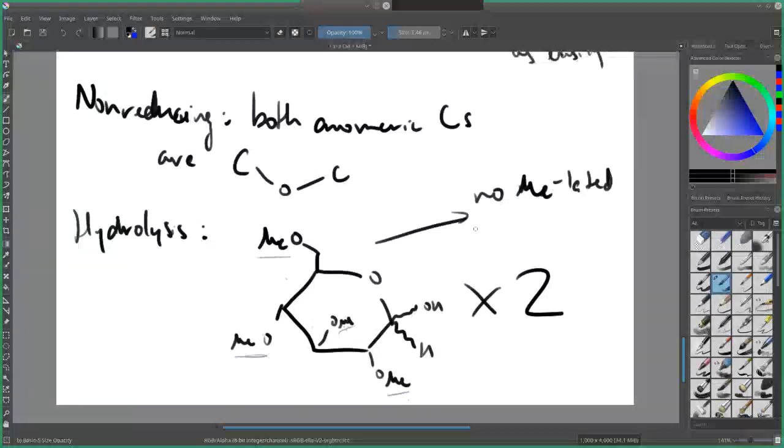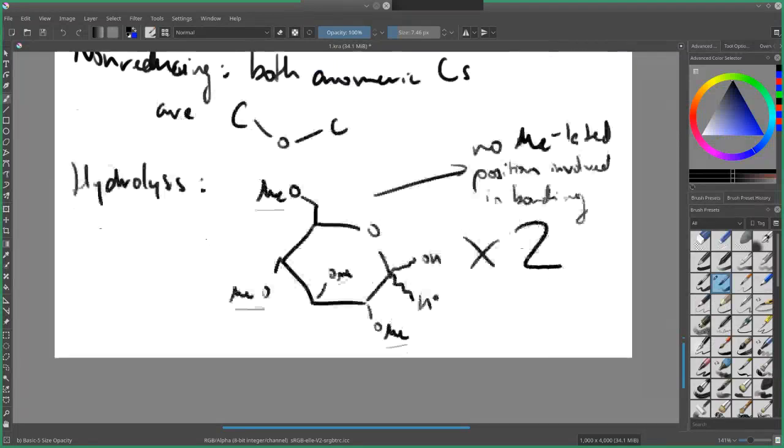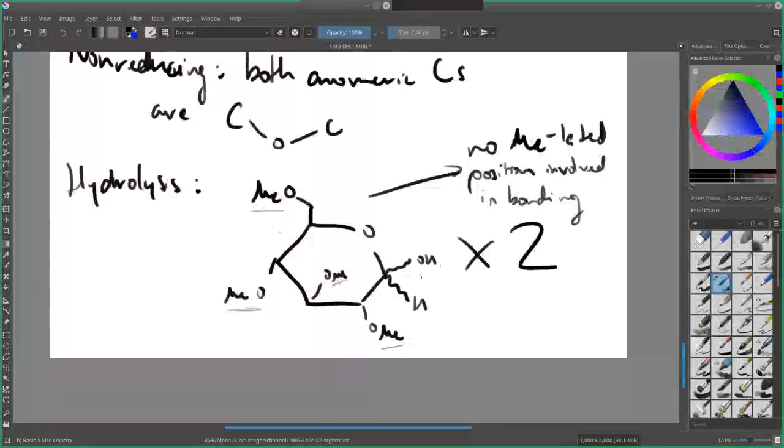No methylated positions involved in bonding. Okay. So great, there we go. For both of the two glucoses, they're bonded at the anomeric carbon.